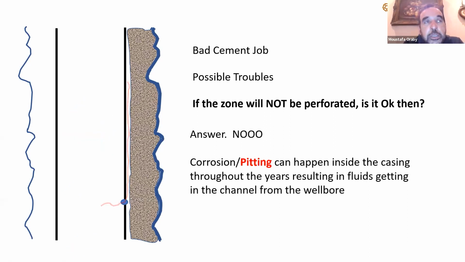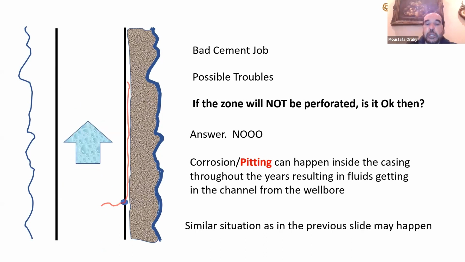So in both ways, it's a good idea to find this out and do some remedy for it. This is not acceptable by all means, and we need to find out if our cement is in good condition or not. A similar situation will happen even if the zone is not in front of your reservoir.